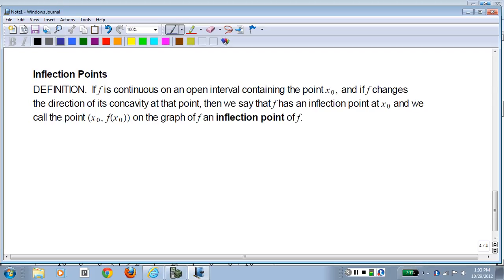Sometimes it's called a point of inflection, but that means the same thing: a point on the graph where the concavity changes. It's concave one way to the left, and concave the other way to the right.